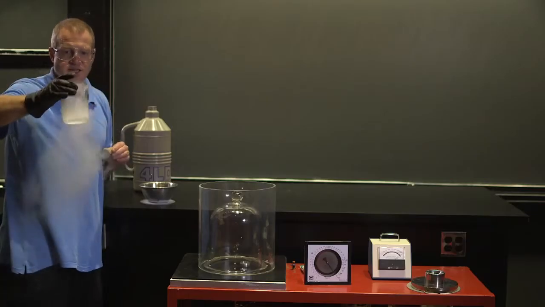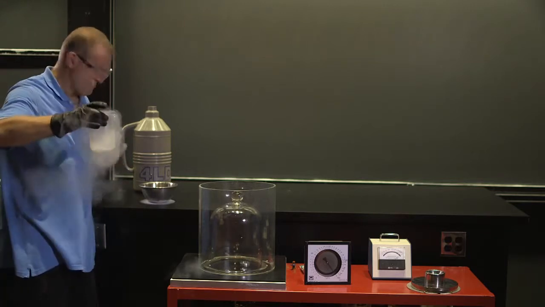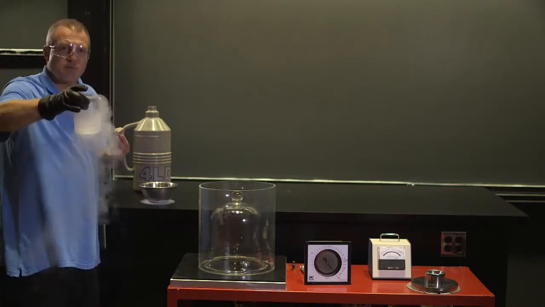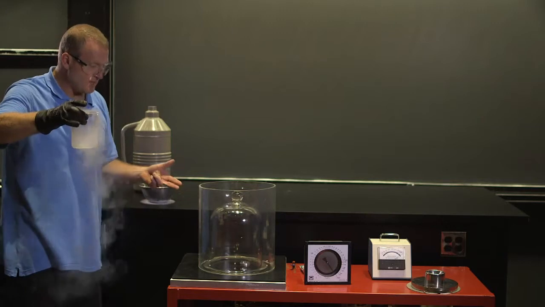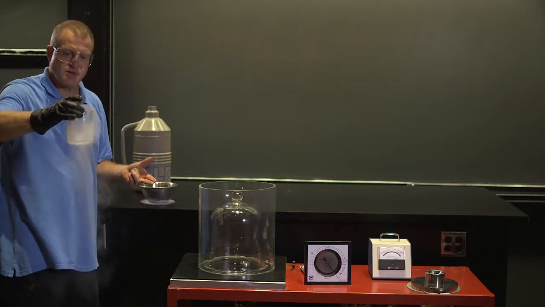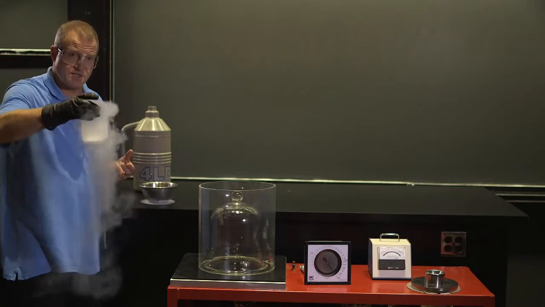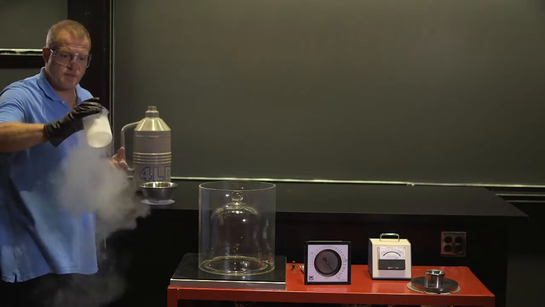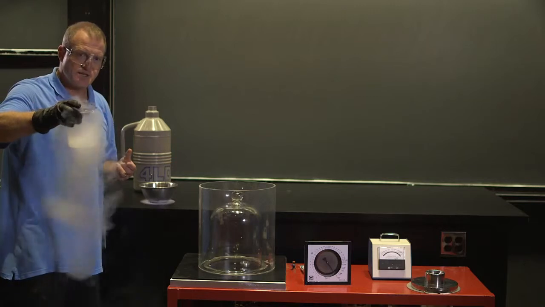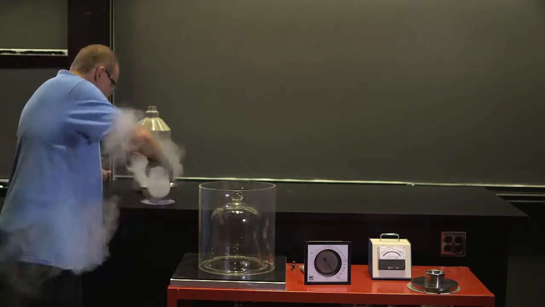And so this nitrogen is just going to boil and boil, going from liquid to gas, and that's about it. But if we change the pressure, we can change the phase of the liquid nitrogen by cooling it, it turns out.